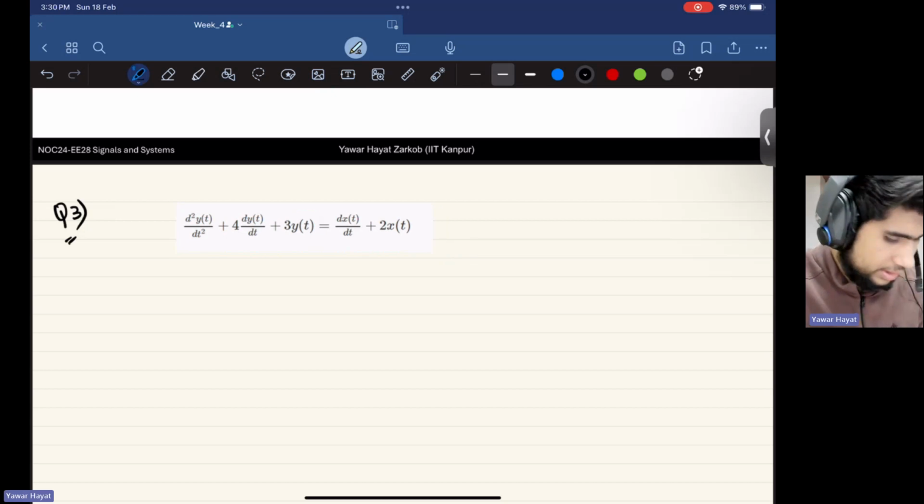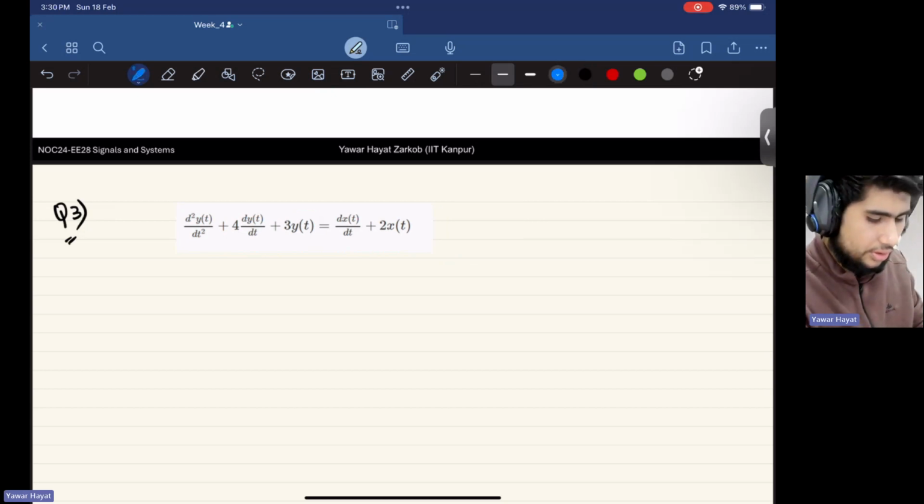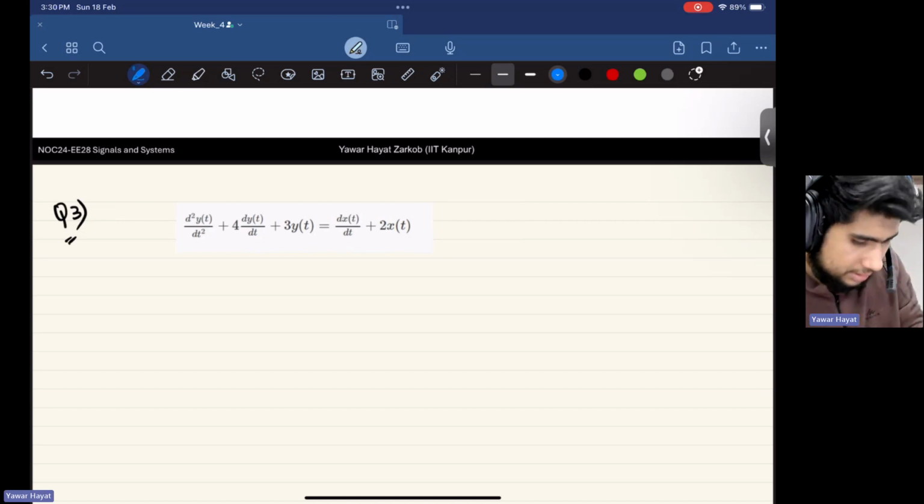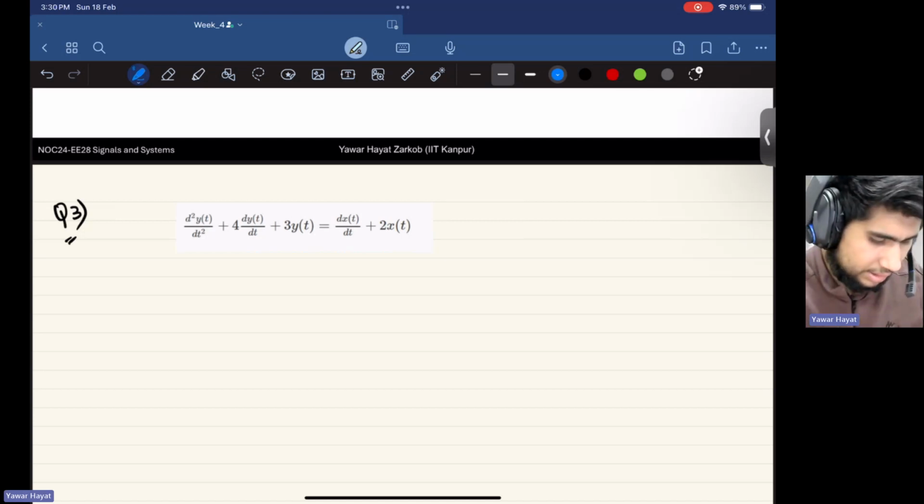And what we'll do is we'll use Fourier transform on both the sides, right? So notice this is d2y by dt square, taking a second order derivative of y of t, right? Suppose this y of t has a Fourier transform y of omega.